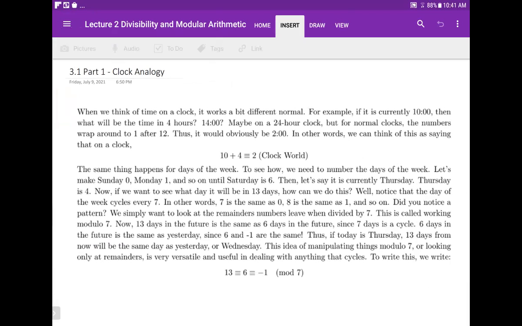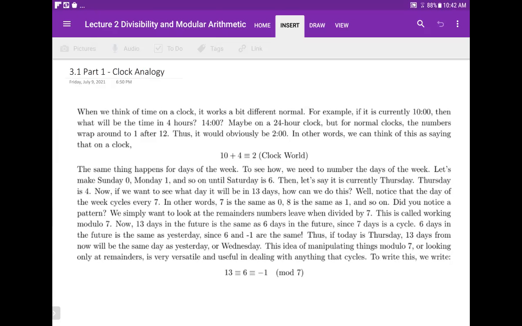Military time is cycles of 24, but for this lecture we'll simply be considering AM and PM and not military time. On a normal clock, like an analog clock, those physical clocks that have rotating mechanisms, the numbers wrap around from 1 to 12.